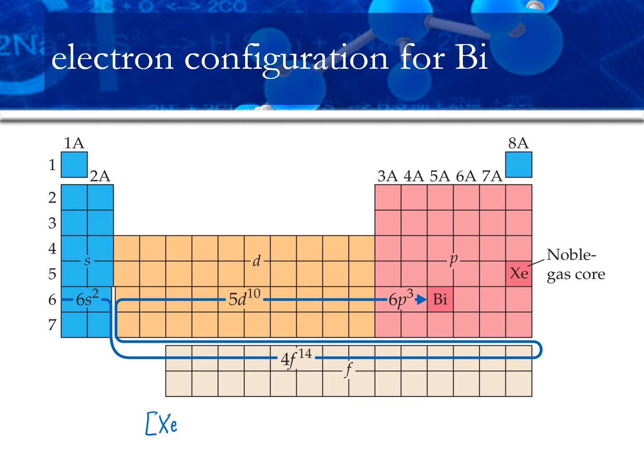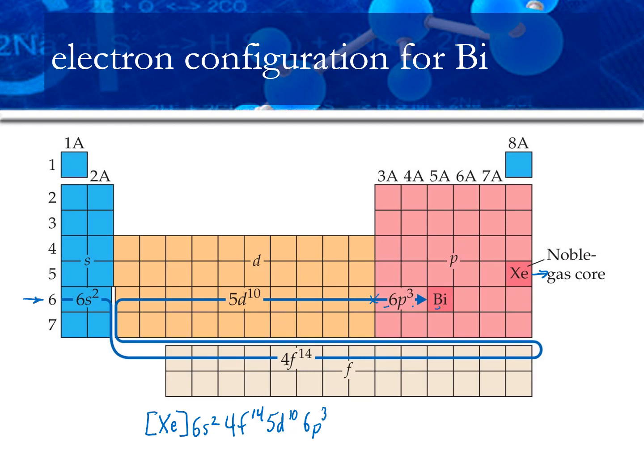So doing that results in xenon in square brackets, and then following from here over to the other side of the table, we have 6s2, and here you have to remember that you follow along down to the 4f's, and then back up to where that F block was excised from and go through the 5Ds, and then we get over to the P block and count over 1, 2, 3, and we're at 6p3.